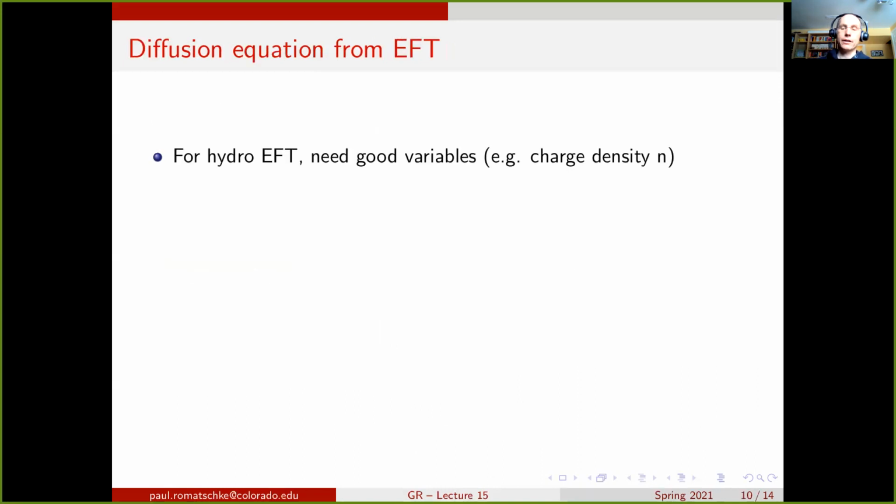Okay, so the purpose of the previous slides was really just to say that there is this notion of an effective field theory treatment that you can use to set up an equation that governs the dynamics of the quantities that you're interested in. So for the case that I have set out, I considered a conserved charge. So the good variable for an EFT framework was then the charge density n.